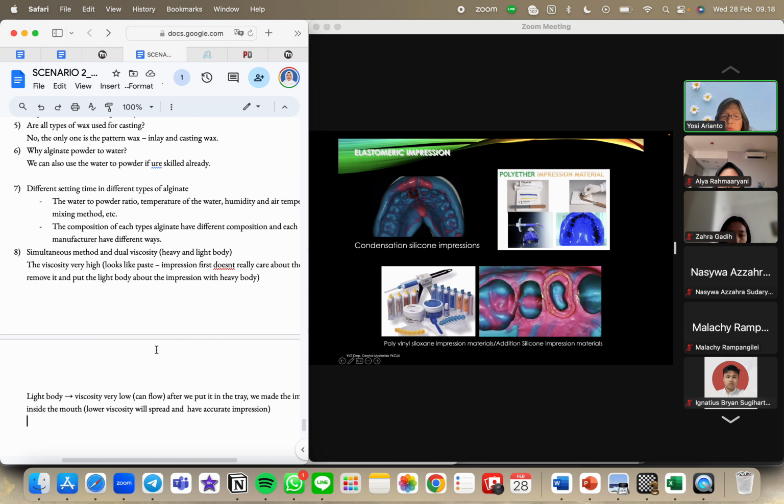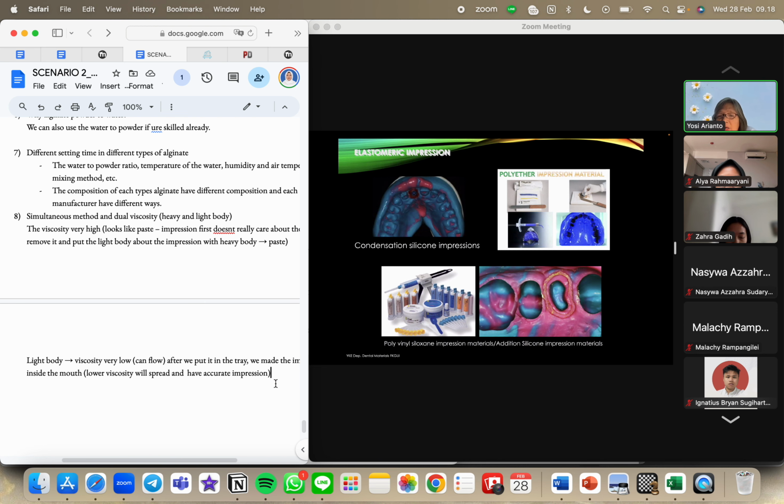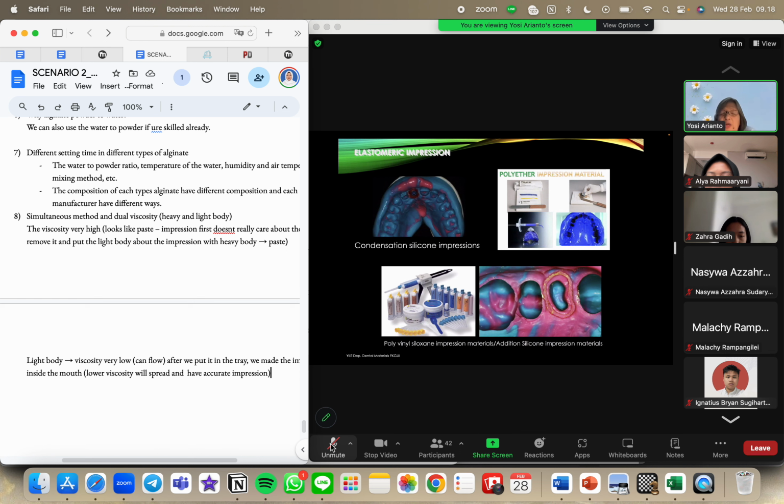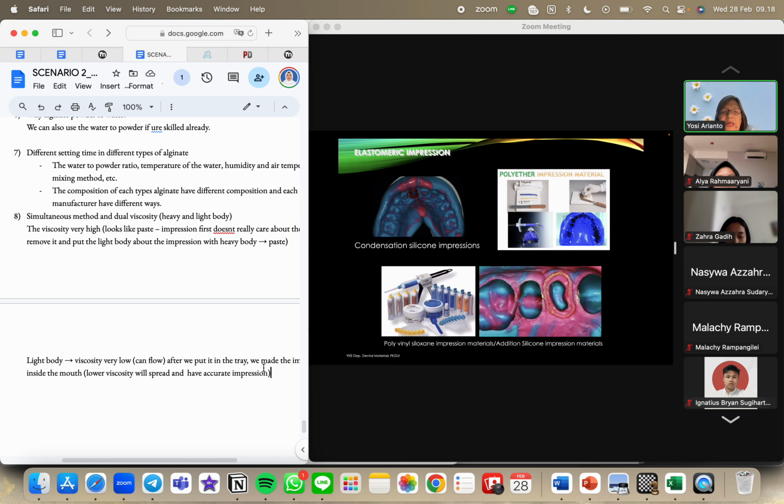And then the lighter one is from the tube and will give very reproductive details of the condition of your teeth. That's why it is also called double impression. They have two kinds of viscosity. And sometimes we do it simultaneously also.